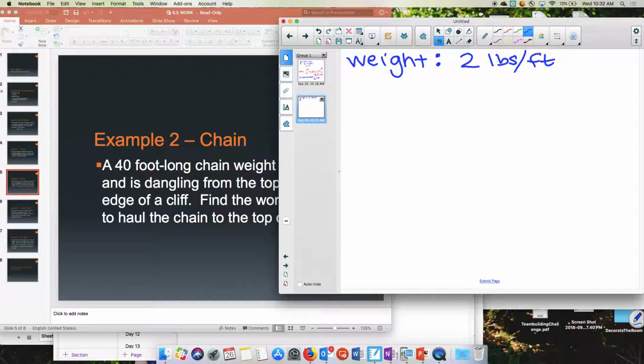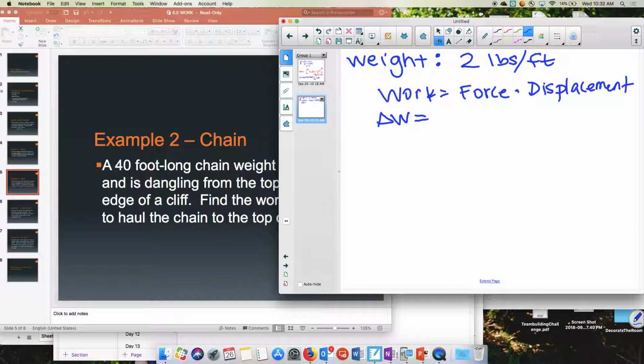Okay. Our force is varying because our weight varies from how much we're lifting up. So for the work we're going to calculate, let's think about our force.